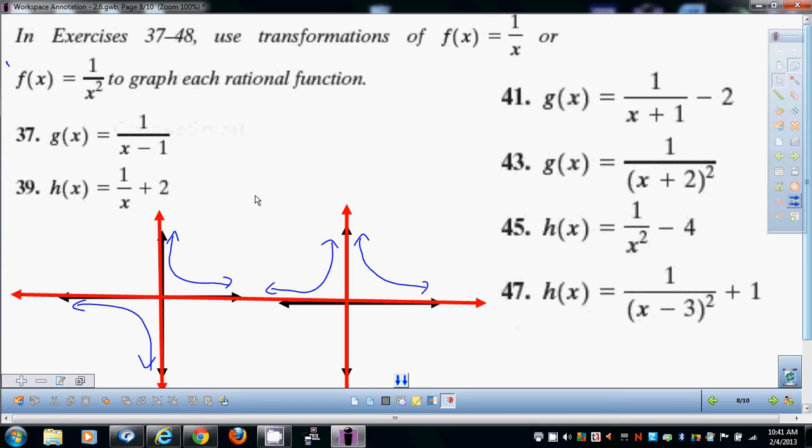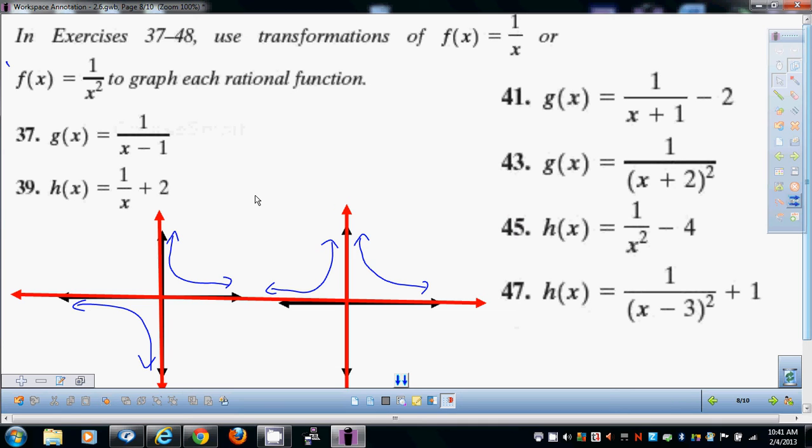For instance, the parent function is 1 over x. Now, first of all, do you see the difference between this problem and this problem in the way that they're adding and subtracting? 37 or 39, which one of those do you think is going to have a vertical shift? 39. Just like the old function, whenever something is added or subtracted outside the function, that causes the vertical shift.